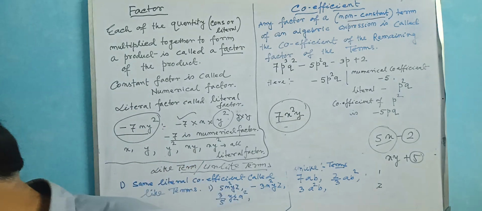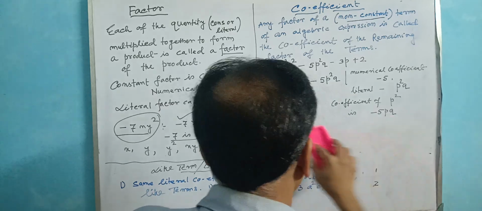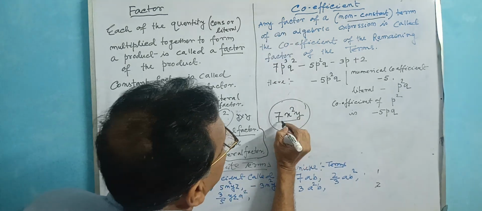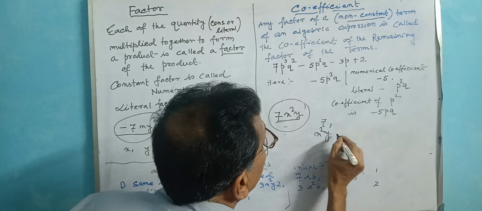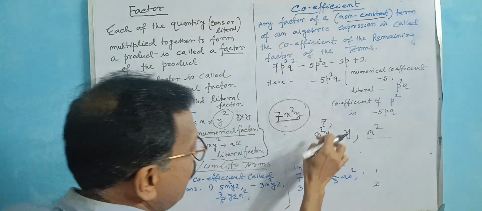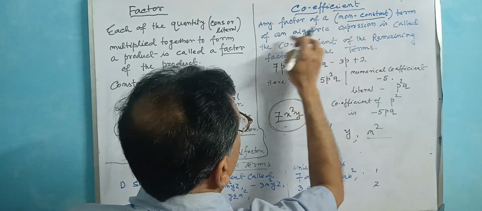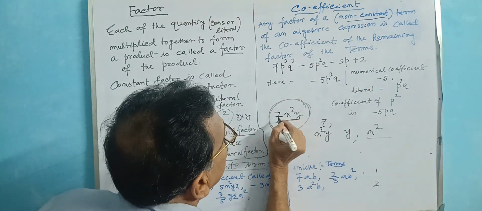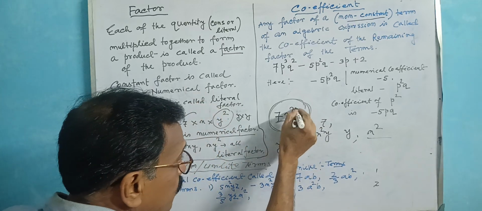Any factor of a non-constant term of an algebraic expression is called the coefficient of the remaining part. That is very important. Here 7 is a factor, x square y is a factor, y is a factor, x square is a factor, all these elements. Suppose here is y. y is the coefficient of the remaining.